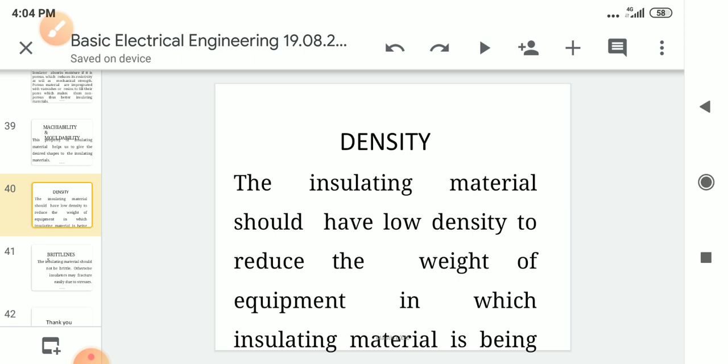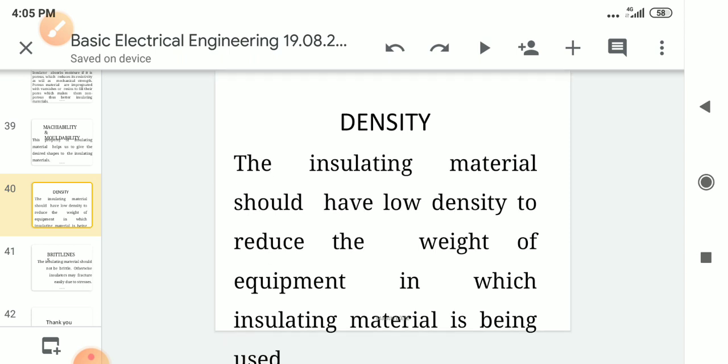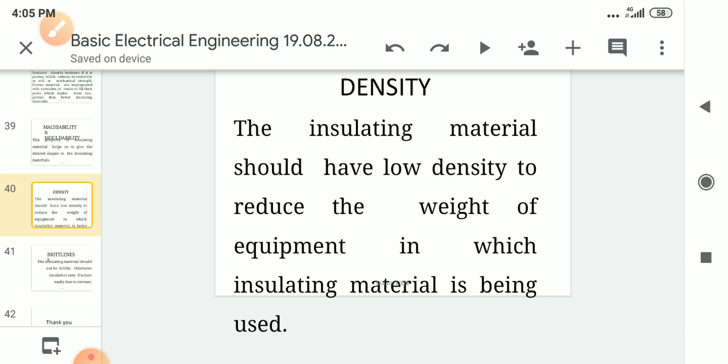If the weight is more, then the weight on the supporting structures will be more. Due to this, stresses and strains come into the picture. As far as possible, we have to maintain less weight. That's why we have to maintain low density to reduce the weight of the equipment in which insulating material is being used.